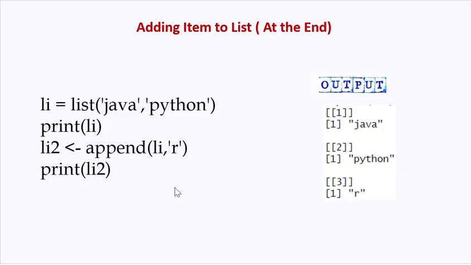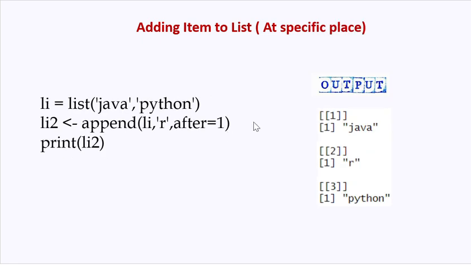So li2 consists of the original list which has Java and Python as its list components, and along with this we added R. The parameters for this append function are: you have to mention the collection of data, that is the initial value, and at its end position what is to be added. What is to be added is nothing but R programming, so we simply mention it as R. And when you print this li2 to get the display, you will get the output as Java, Python and R.